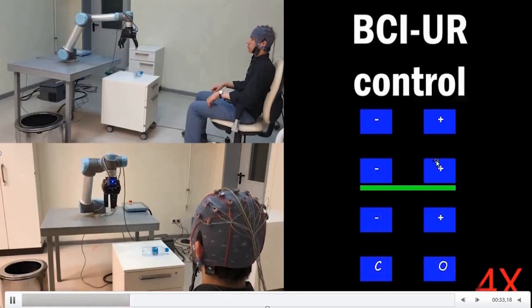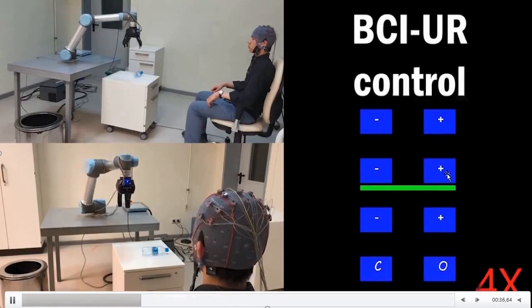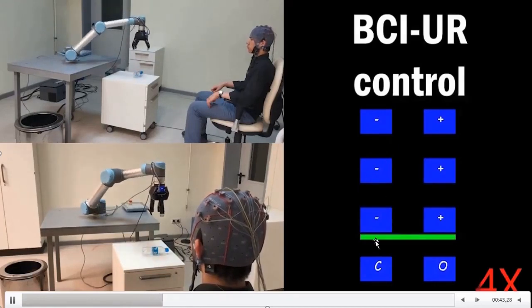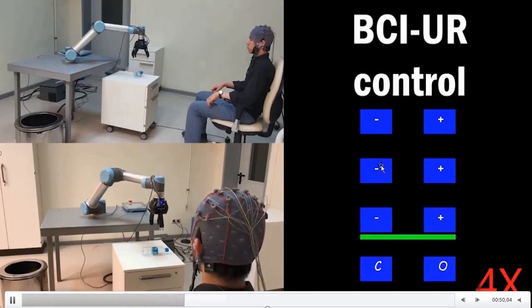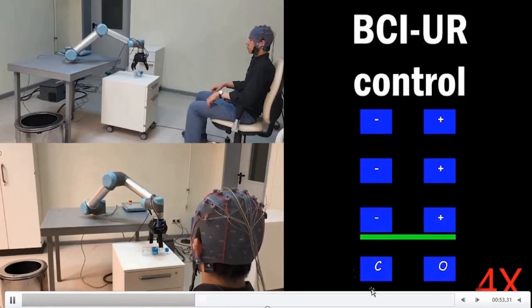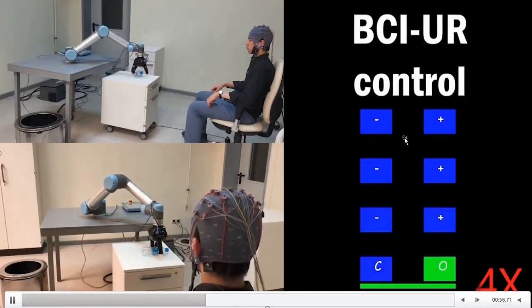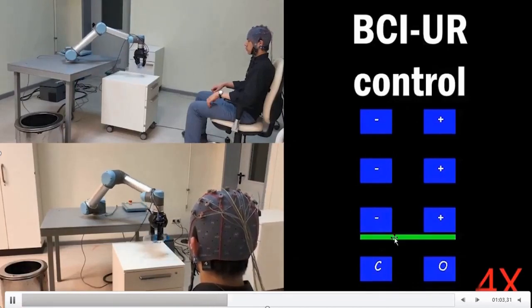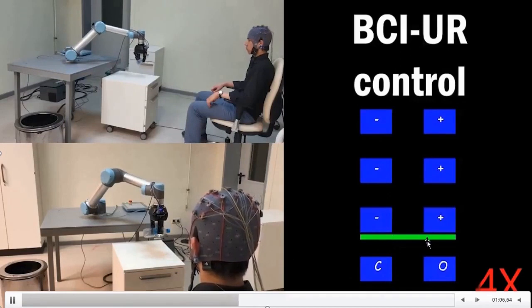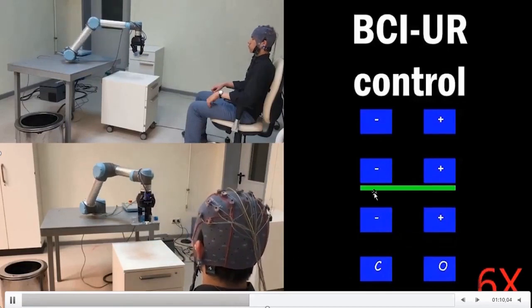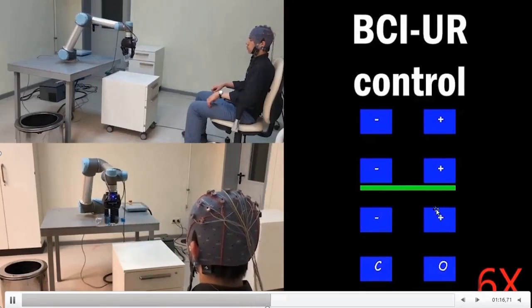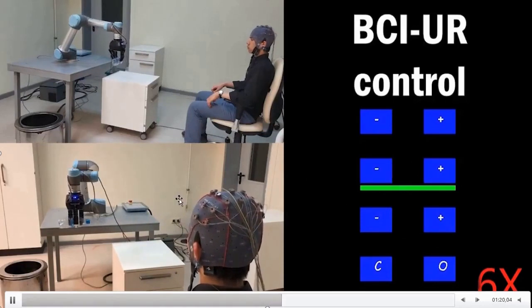Plus means right hand movement imagination detected, minus means left hand movement imagination detected, and this line or bar means foot movement. By imagining the foot, we can move this bar up and down, and we can also design this kind of user interface for this kind of application, open and close also. Right? So we use foot movement to go up, up, down, down, and each time minus or plus, which corresponds to left and right, for moving in the left and then right directions.